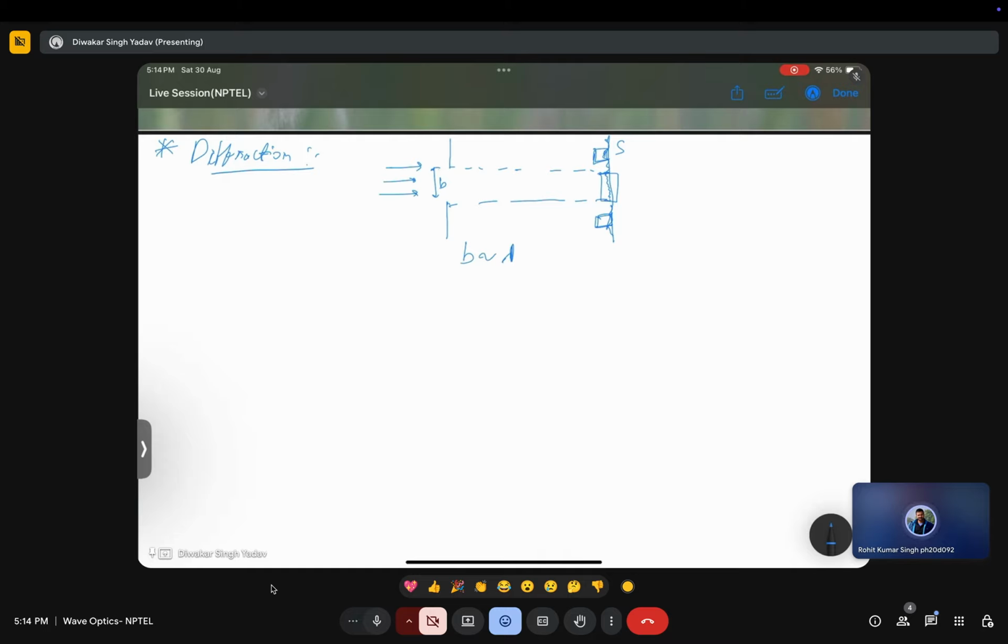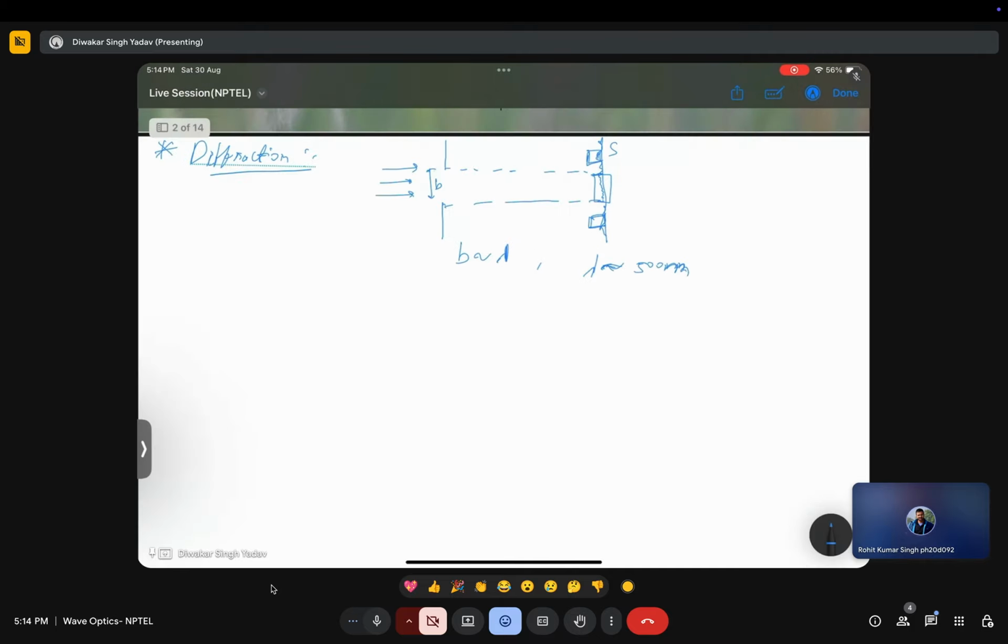In ordinary day-to-day life, you don't observe this, because the wavelength of visible light is of the order of 400 to 500 nanometers, a very short distance, and our eyes are not tuned to observe such distances.